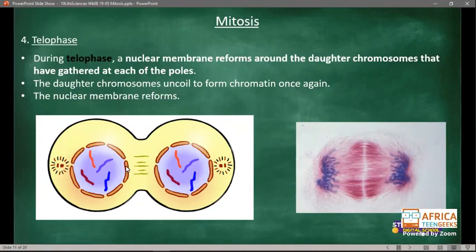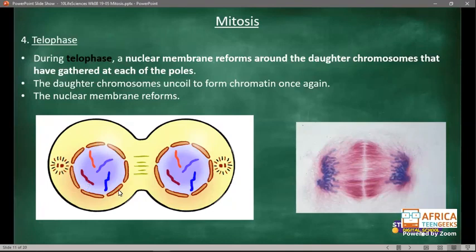Remember, it had disintegrated, or was broken down, during prophase, and the chromatin network condensed into chromosomes so that chromosomes become visible. So now for telophase, it is the reverse of that.